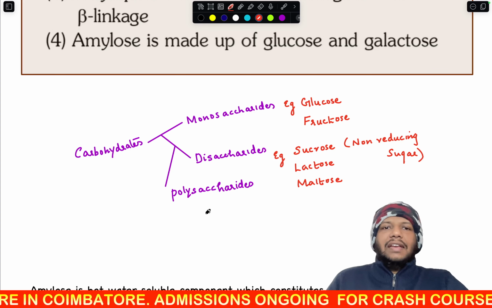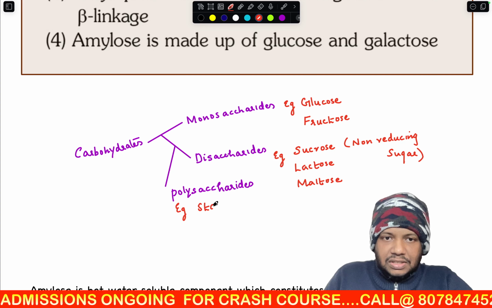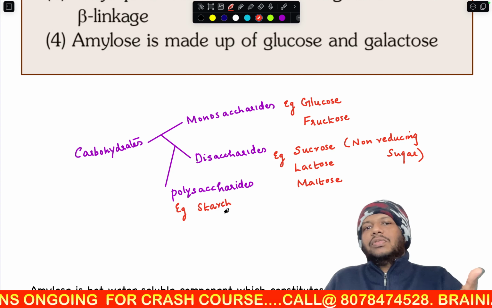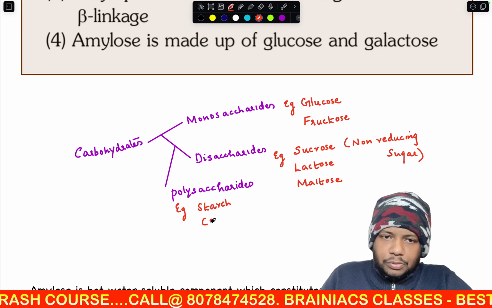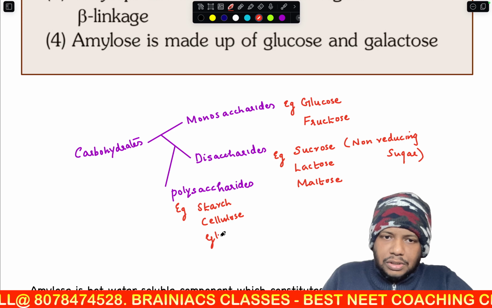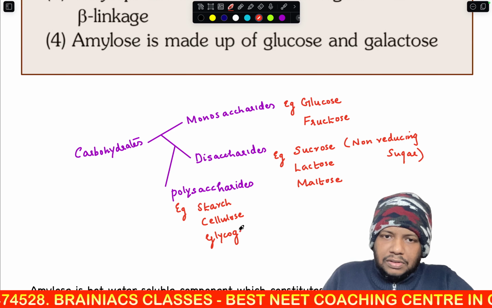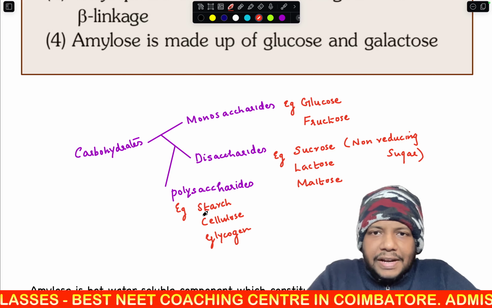And coming to polysaccharides, we are expected to learn starch, cellulose and glycogen. So these are the main things you are expected to learn. This is just a rough idea.